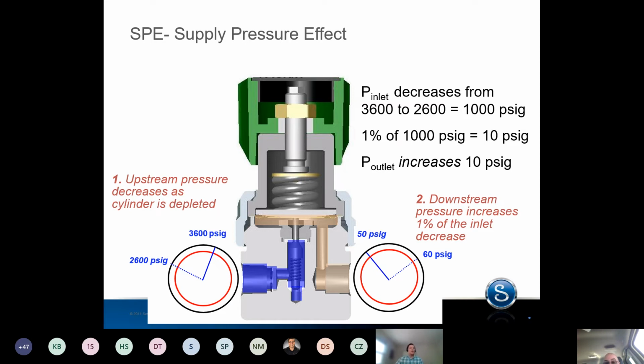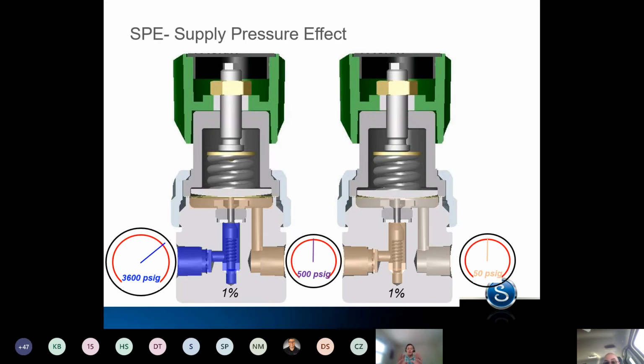The most common way to do that is with 2 regulators in series. The way that this works is that you get supply pressure effect. There's no getting away from it. But the second stage only sees the output from the first stage.